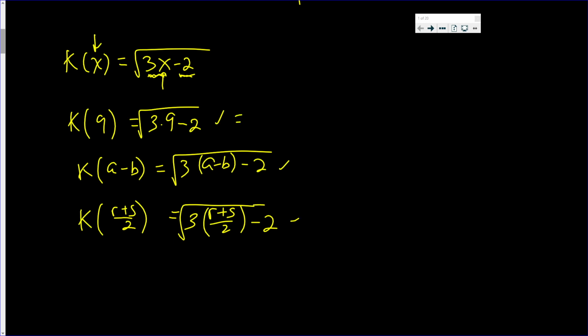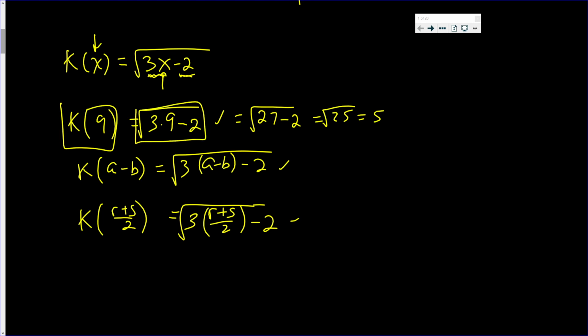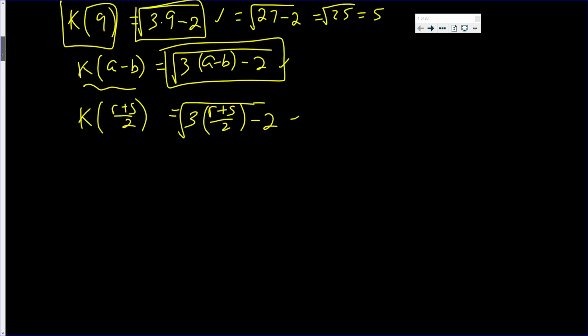For example, I have to know what 3 times 9 is. Then I have to know what you get when you take away 2. And then I have to know the square root of it. But to go from here to here, it's not bad. It can get messy afterwards, but not before.